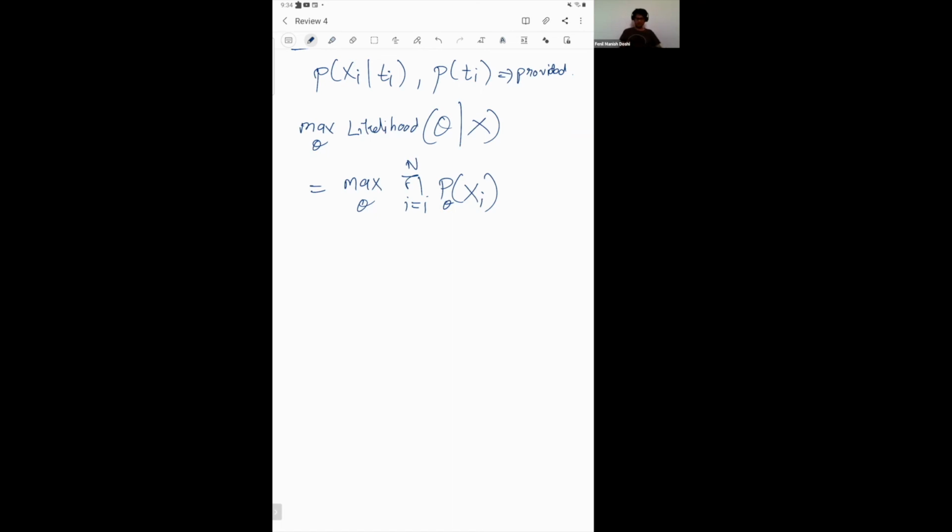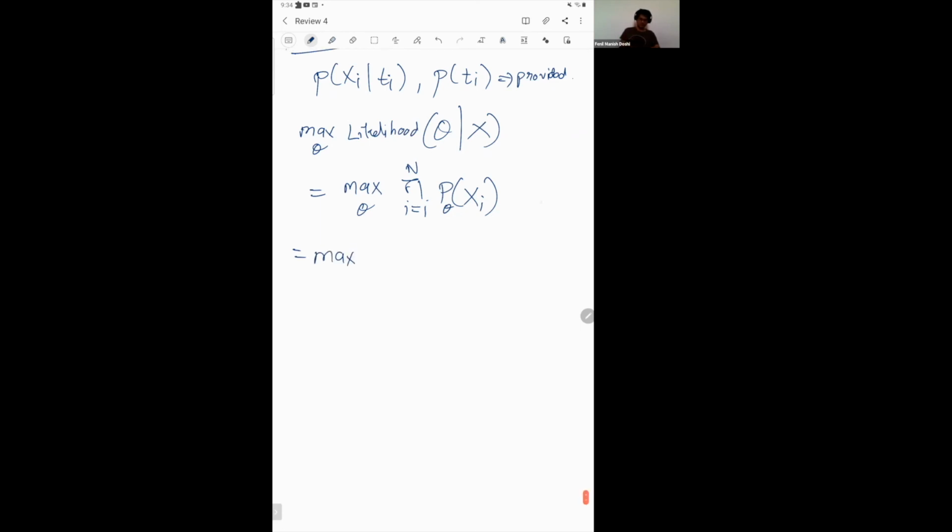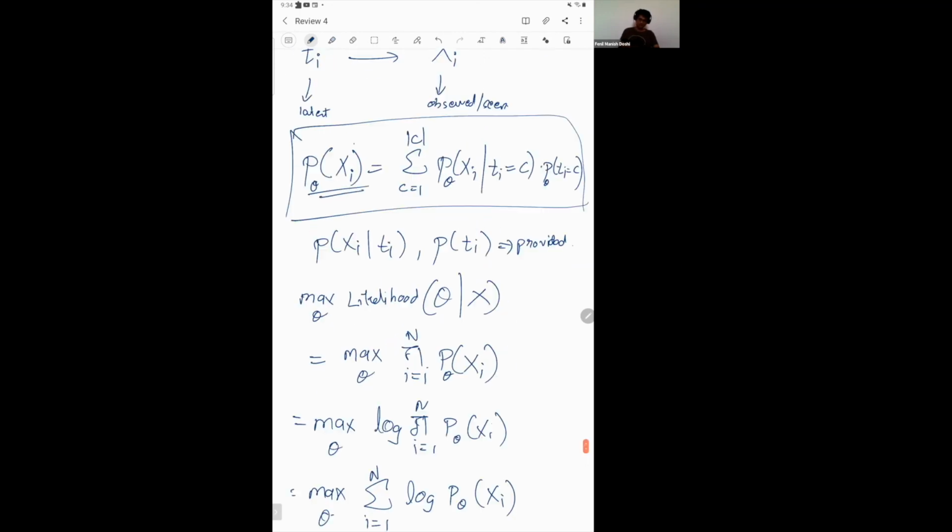We are interested in maximizing this, but we would use the log likelihood trick, and maximizing this would be the same as maximizing the log of the likelihood, which becomes a summation.